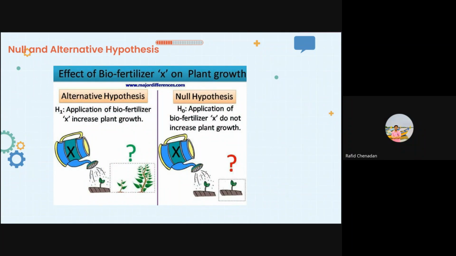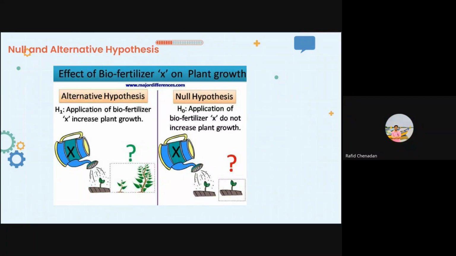So two things. Let's say the effect of biofertilizer X on plant growth. There is a particular biofertilizer and it has this impact on the growth of plants. The alternative hypothesis will be: application of biofertilizers increases plant growth, and the null hypothesis is: application of biofertilizers does not increase plant growth.